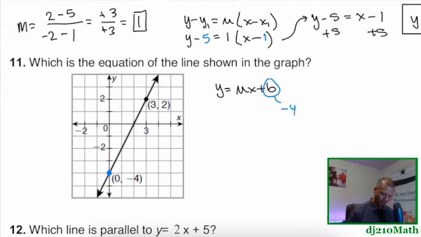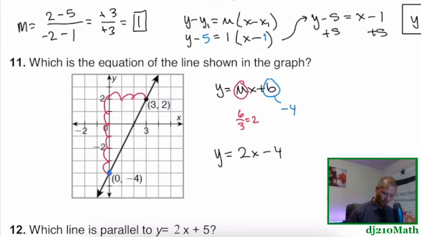And then the slope, the number in front of the x, is going to be from one point to another point. So we're going up, so it's positive 6 over 3, which reduces to 2. So our equation, y equals 2x minus 4. Guess we could have done it in a different color. So there's the equation of the line shown.